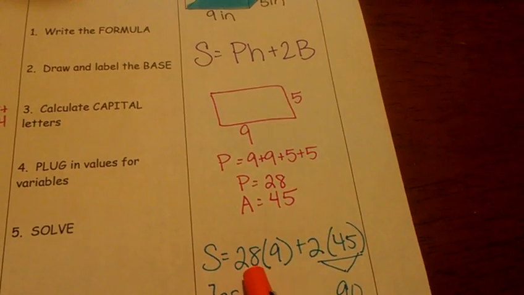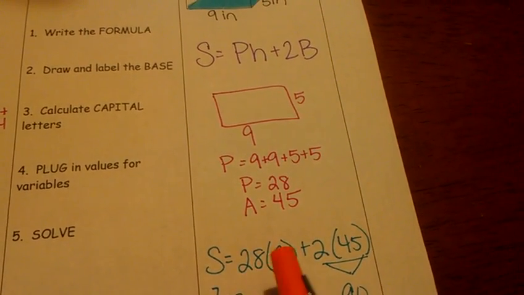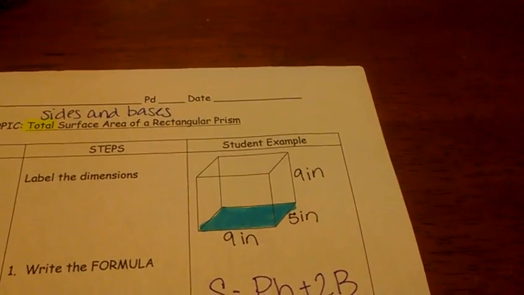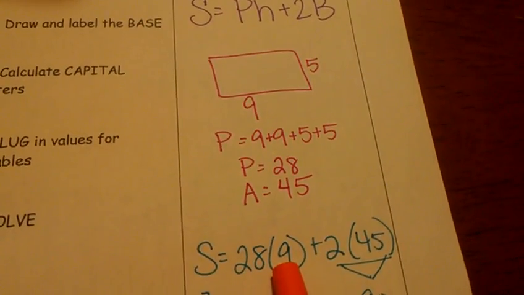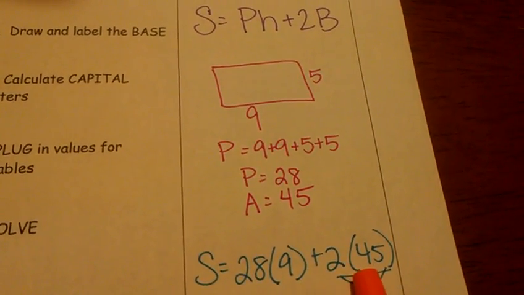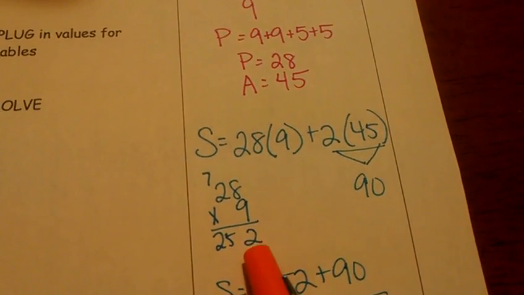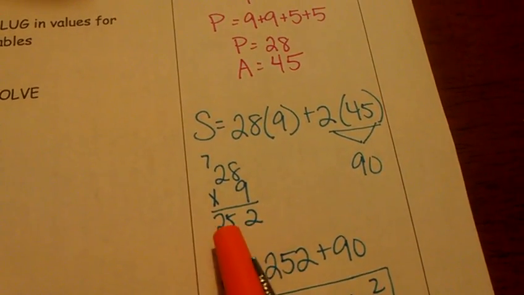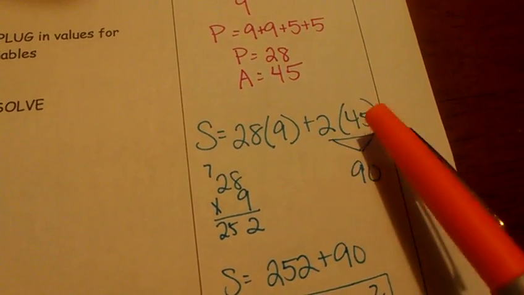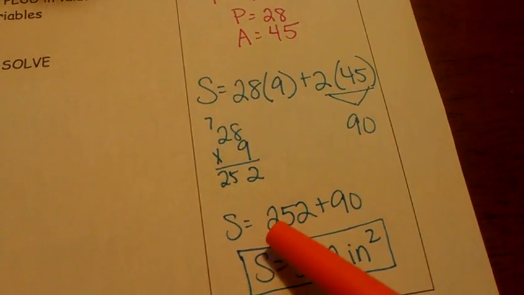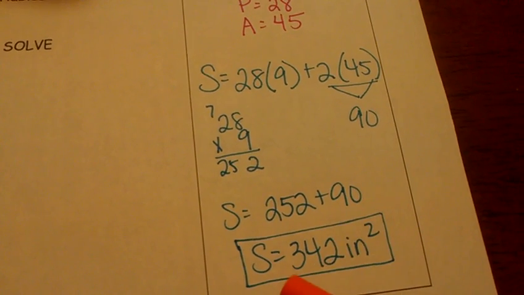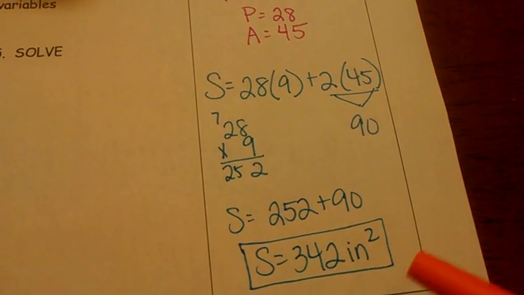Plug in my numbers. Perimeter of the base, 28, times height. Up here, 9 is my height. Plus 2 times area of the base. Area of the base right here, 45. So 28 times 9, multiply that, it's 252. 2 times 45 is 90. 252 plus 90 is 342 inches squared.